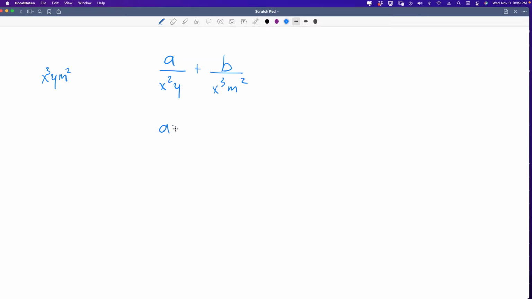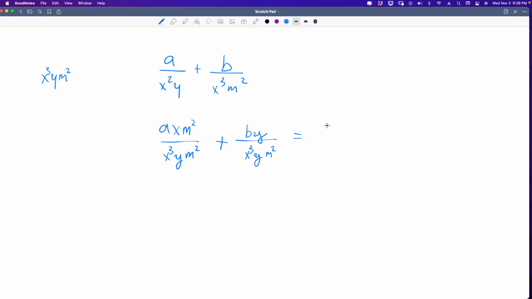So a x m squared over x3 y m squared plus, and then what's missing from here is just the y. So we would multiply this by the y, and we'd have by over x3 y m squared. So now we have a common denominator. We could put these together.